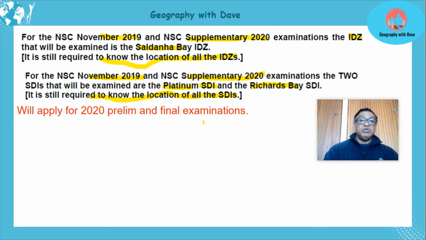Now, please note, and I know your teachers would have told you this, that these same SDIs and IDZ will apply for the 2020 prelim and final examinations. So let's go on.